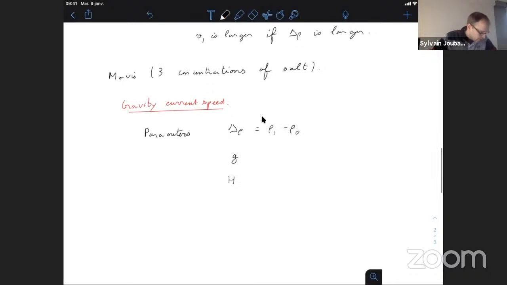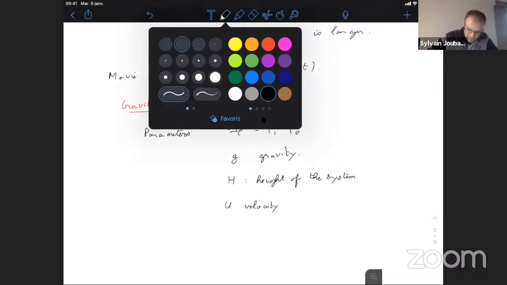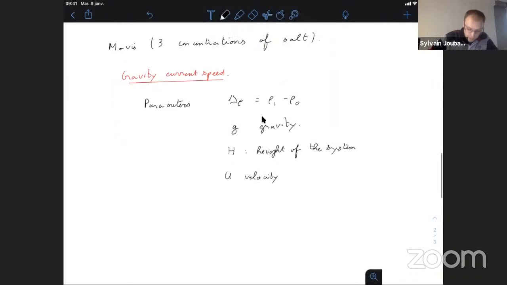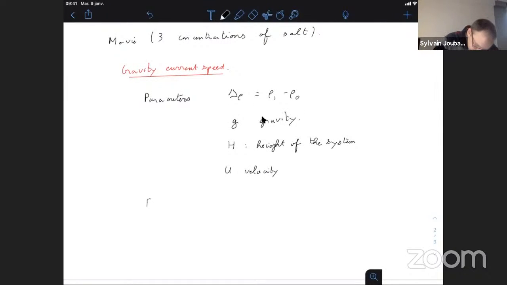I forgot one, you have another one, which is u, the velocity. H is the height of the system, and g is the gravity. It's easy using these four quantities to write a dimensionless number.